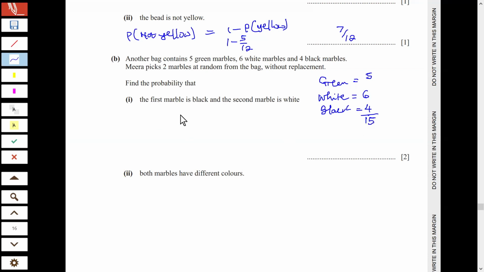Now, the probability that the first marble is black and the second is white will be equal to the probability of picking a black marble, which is 4 out of 15.